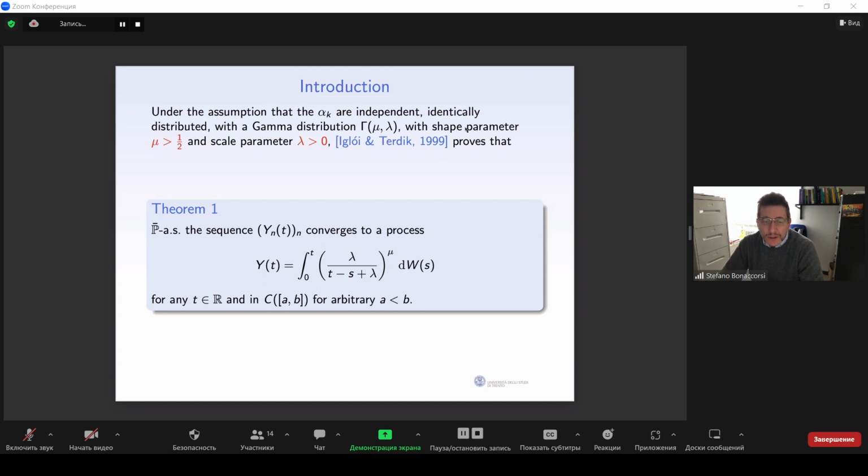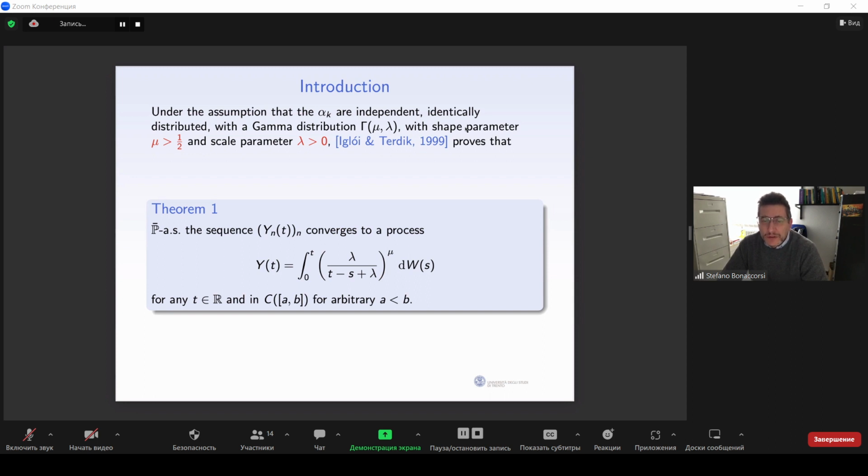Okay, so in order to explain this last statement, I need to recall that alpha_k in the original paper by Uhlenbeck were gamma distributed with parameters mu and lambda. So mu is the shape parameter, and we will assume that mu is larger than 1/2, and the scale parameter lambda is positive.